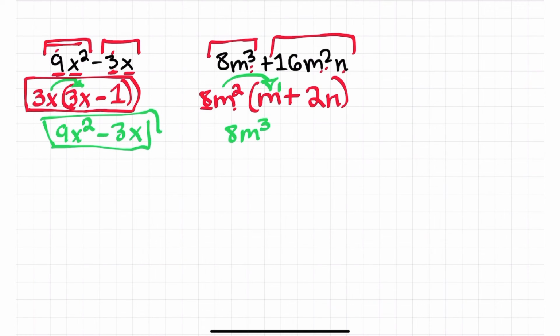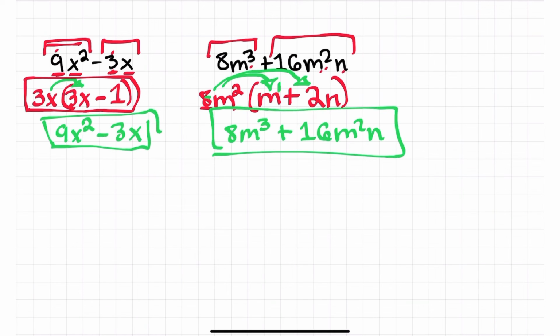So it would be m to the 3. Then 8m squared times 2 is 8 times 2, which is 16, with an m squared. And then the n that we could not factor out because it was not common, we just put right here. This is how we proved it, and this right here is our answer.